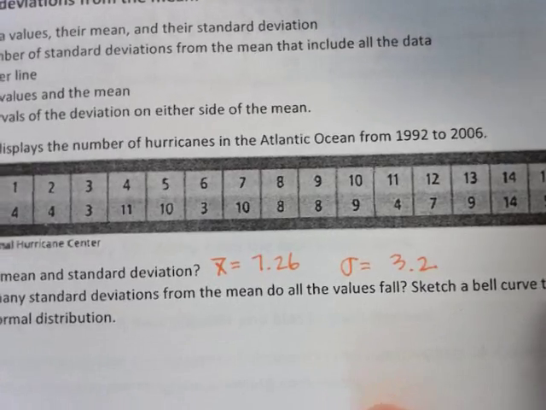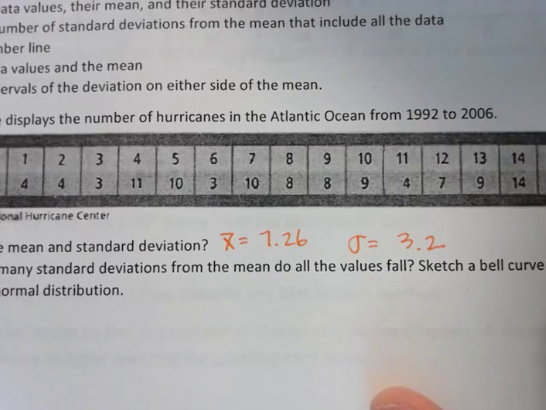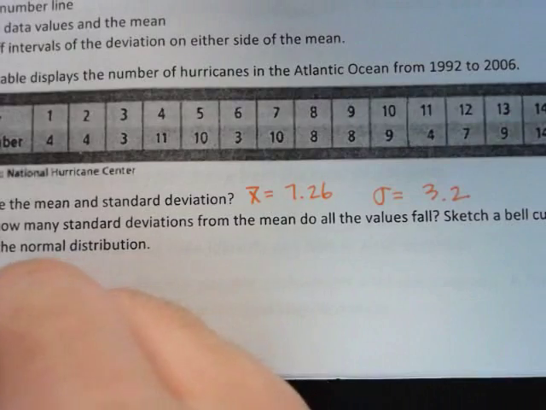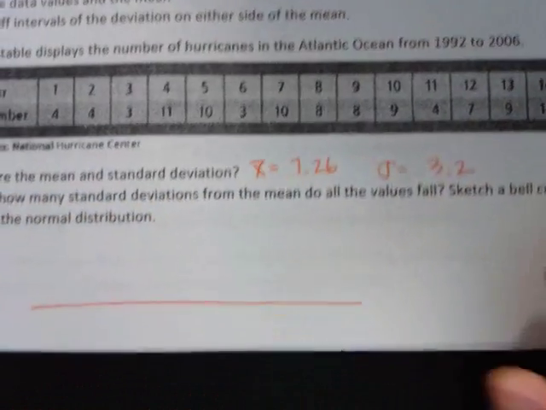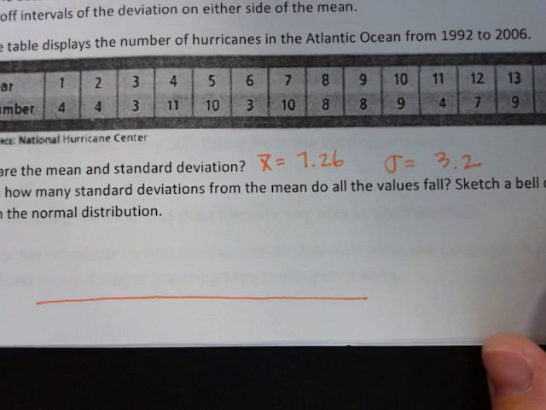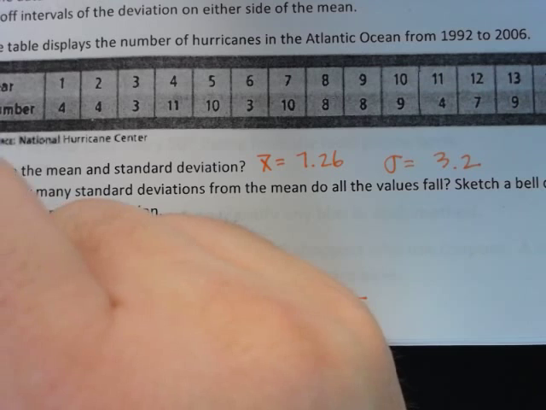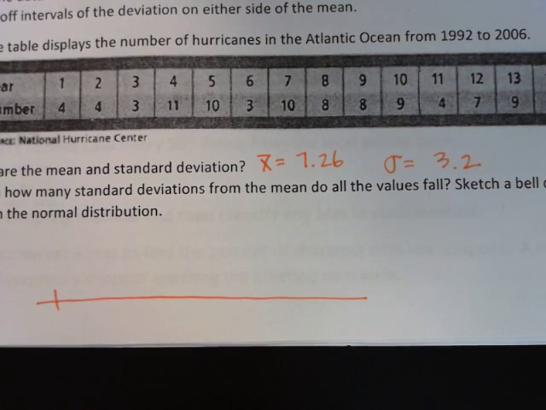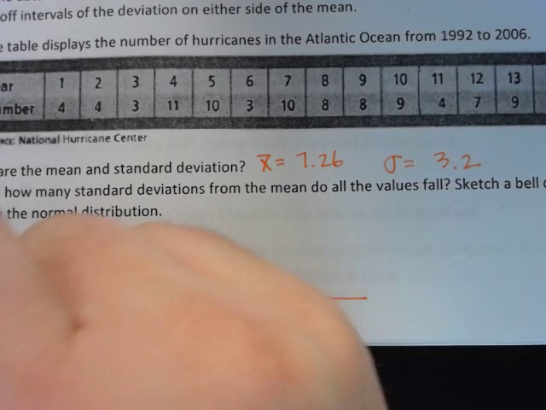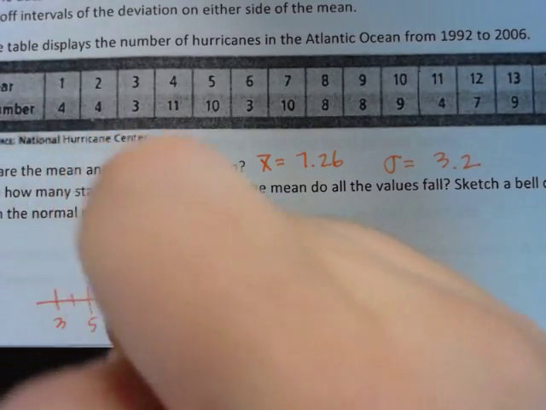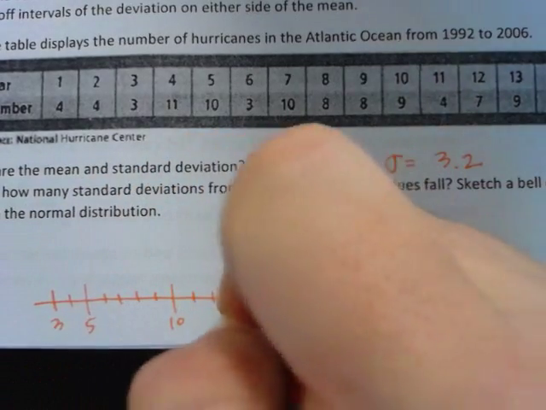Alright, next thing we're going to want is to plot the data. Lowest value is 3. Highest is 15. Or 5, 7, 8, 10, 12, 13, 15. That's all we need.